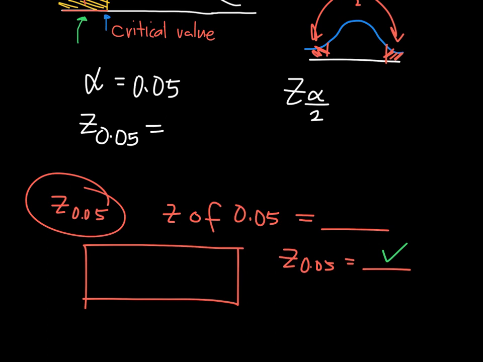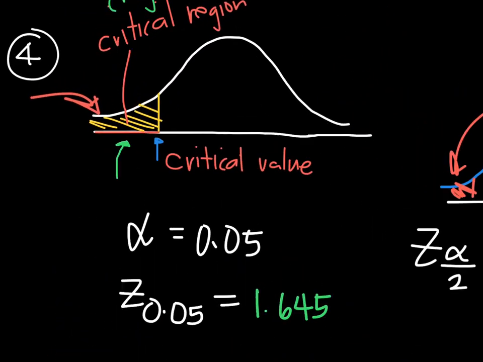If I base it from what I have right now, the z of 0.05 is 1.645. This number will be placed in our diagram.